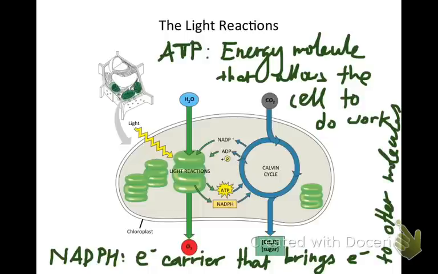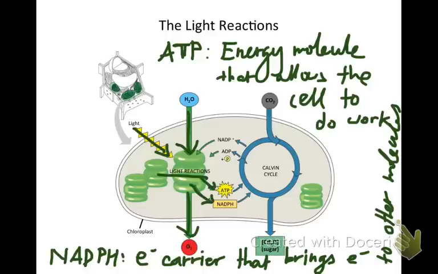Okay, and the actual process of electrons being transferred is part of oxidation reduction, and again, that's something we're going to cover more in cellular respiration. For now, the big picture is, in the light reactions of photosynthesis, light is coming in, water is coming in, oxygen is being made, and NADPH and ATP are being made.